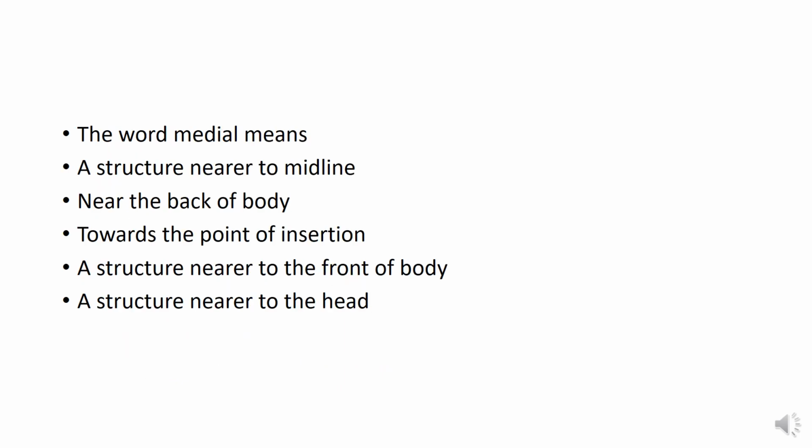The word medial means a structure nearer to the midline; near the back of the body; towards the point of insertion; a structure nearer to the front of the body; a structure nearer to the head. So medial means a structure nearer to the midline. Nearer to the back is the posterior. Towards the point of insertion is the proximal.